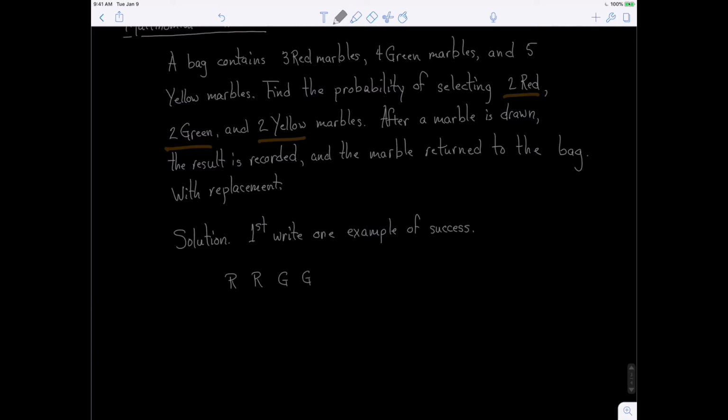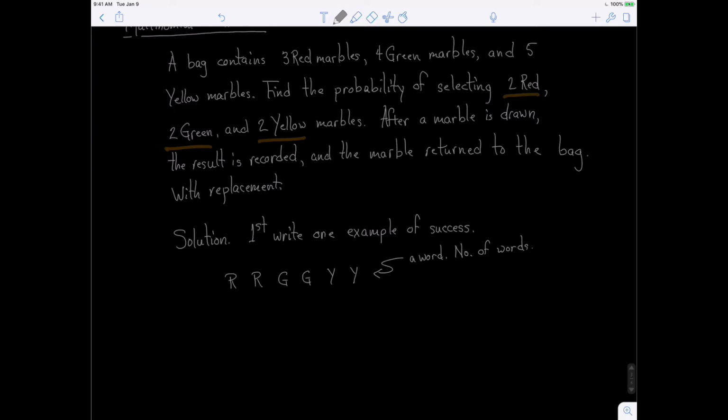I record that and put it back in the bag, then I draw a yellow and a yellow. Now, that may seem like a small step, but it's not. Because notice this, RRGGYY is a word. So what we're going to do in a moment is multiply by the number of words.